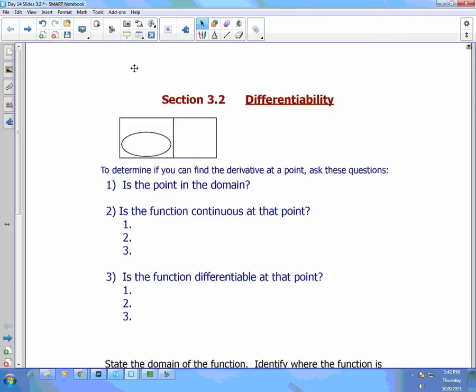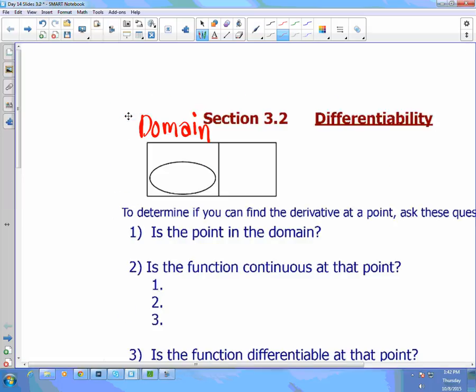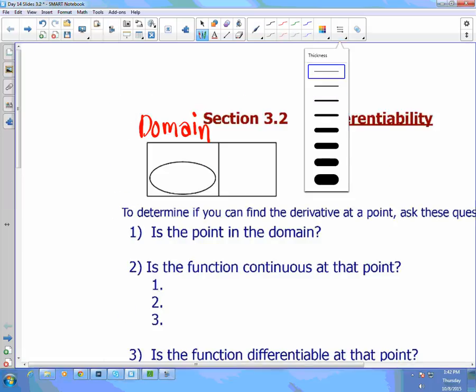Okay, so begin with 3.2, differentiability. A function is differentiable as long as it is continuous at every point on its domain.